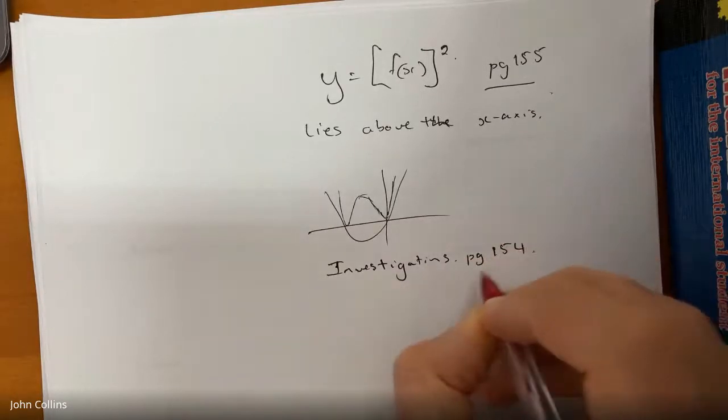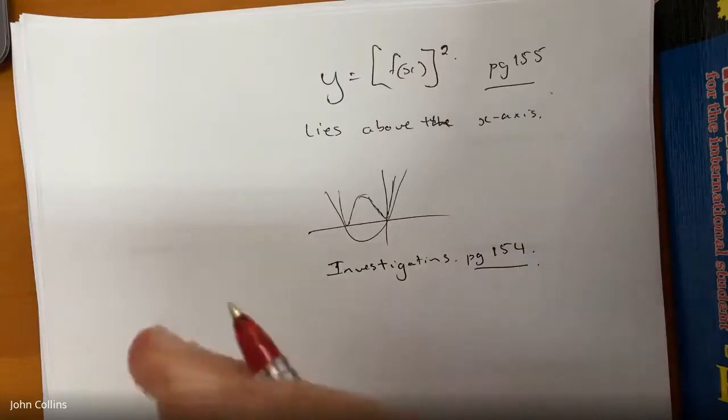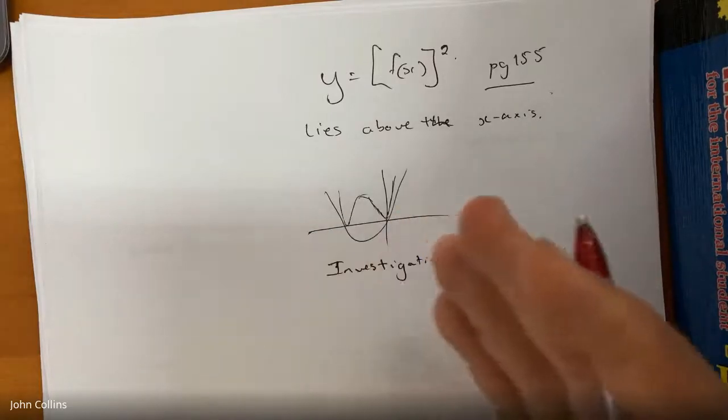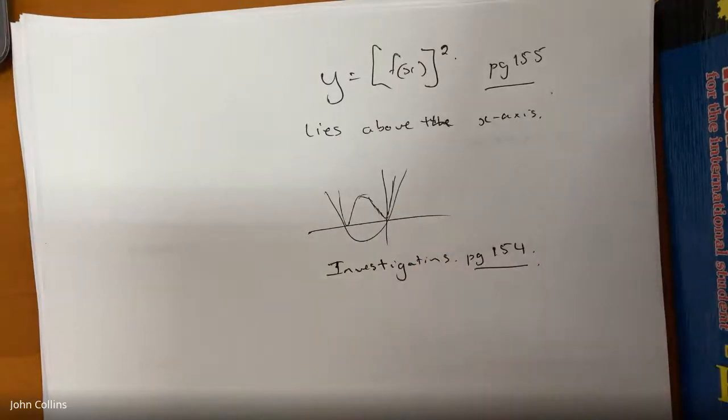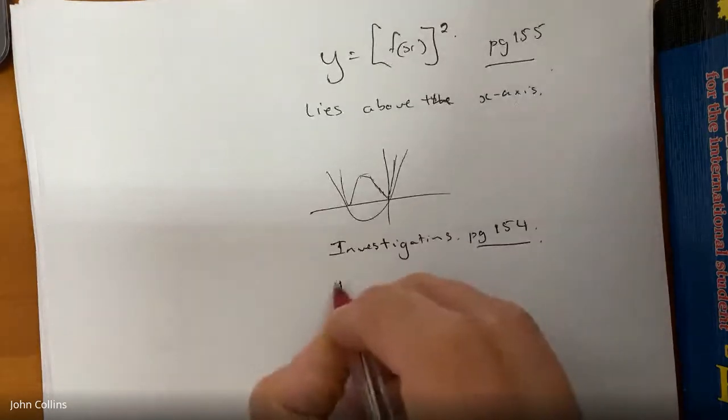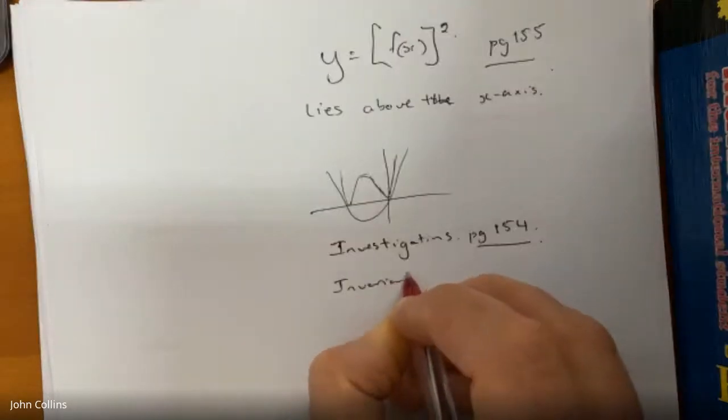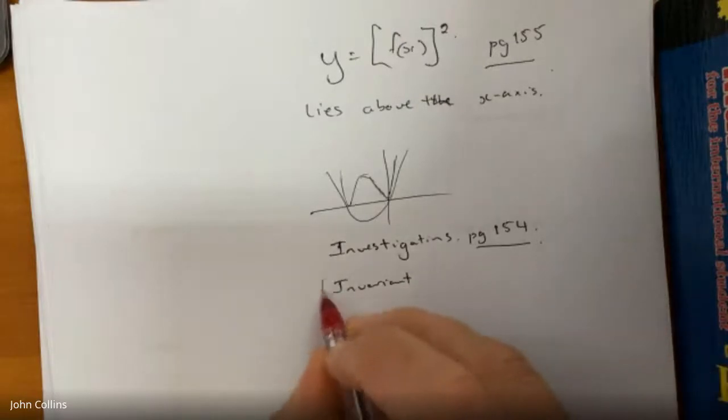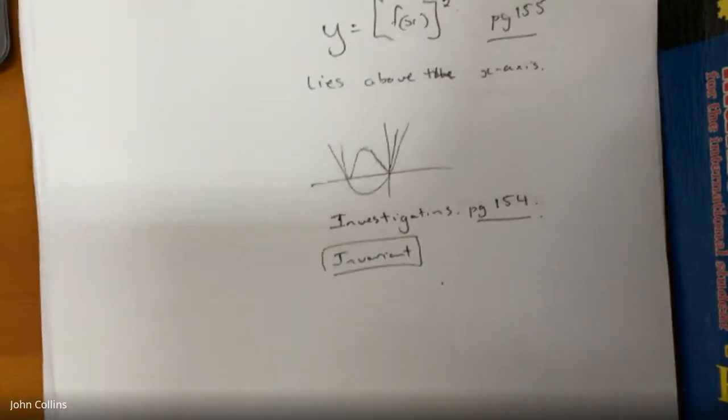There's 6 examples: a logarithmic function, a rational function, a quadratic function, an exponential function, and a linear function. You can see how it affects all of them. And you can see then there's something called an invariance. Invariant, it doesn't vary.